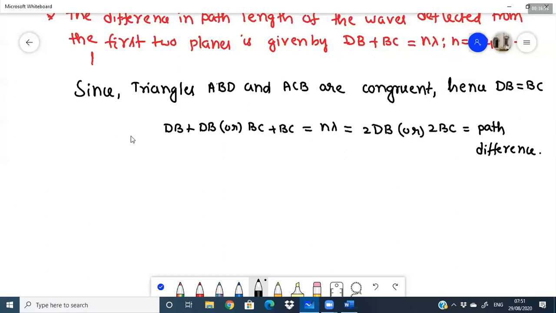As DB equal to d sin theta, then path difference equal to 2d sin theta.